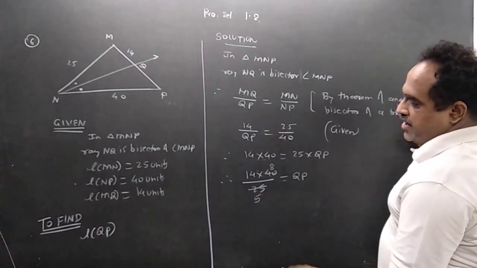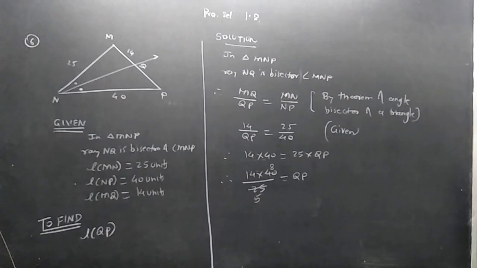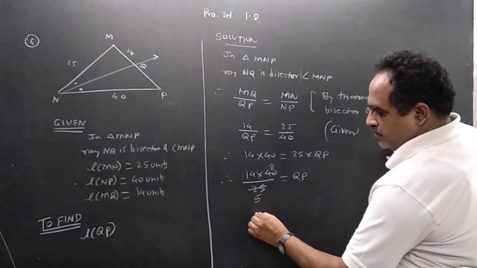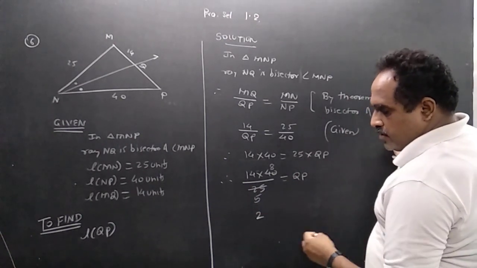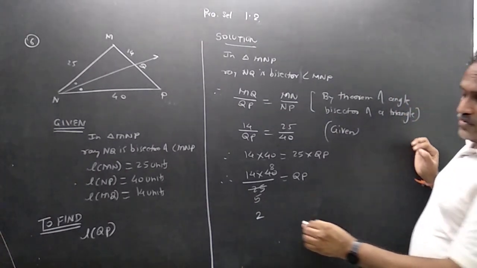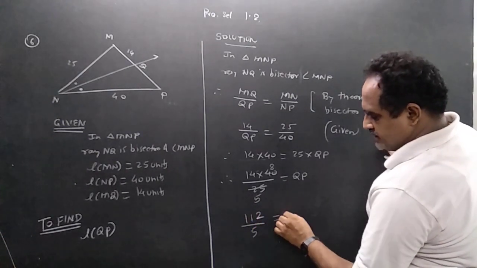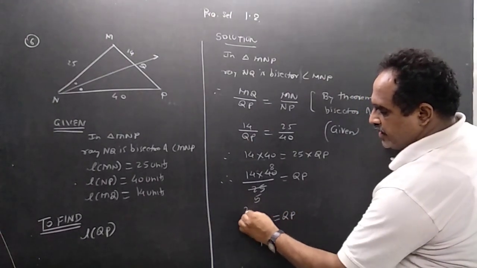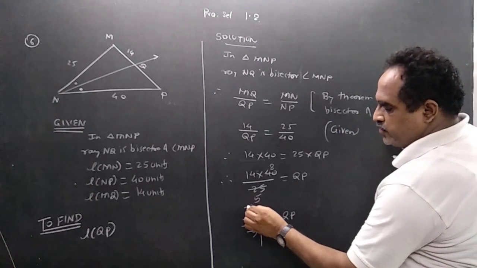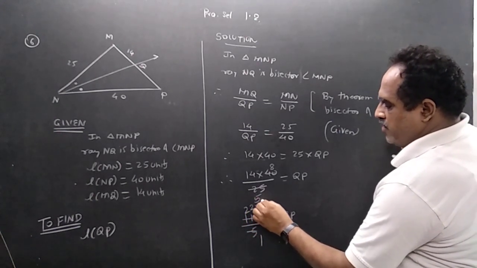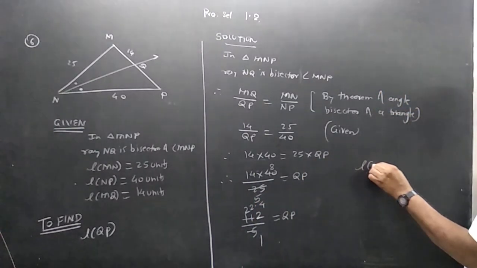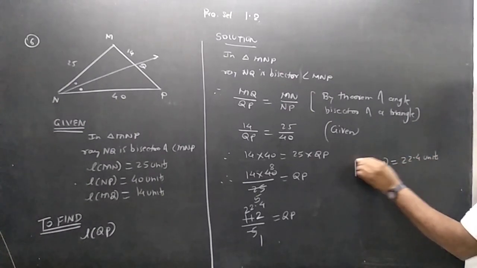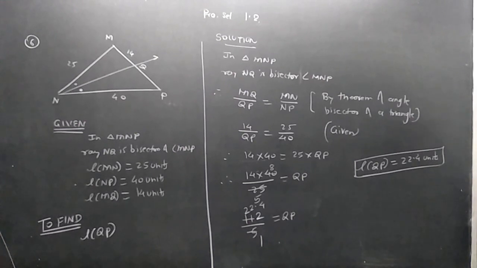And now 14 eights are 112 upon 5 is equal to QP. Now you can cancel: 5 twos are 10, 1 is left, and 5 fours are 20. So the answer of QP is 22.4 units. Just copy down that.